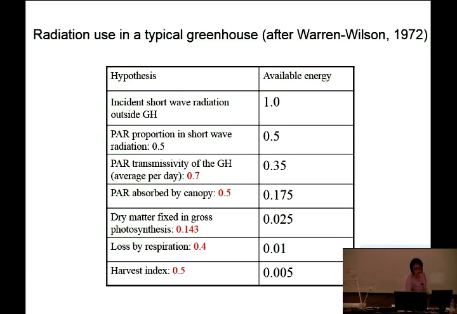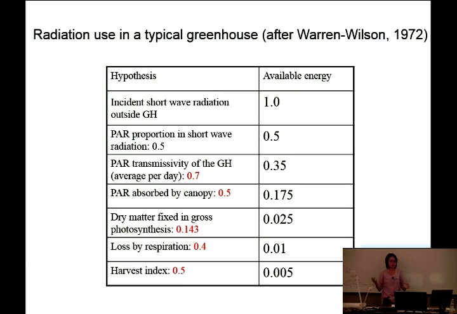And then I use 14.3%, so 0.143. Now I multiply with that, and the energy portion finally fixed by gross photosynthesis of the plants is only 2.5% of the original light.